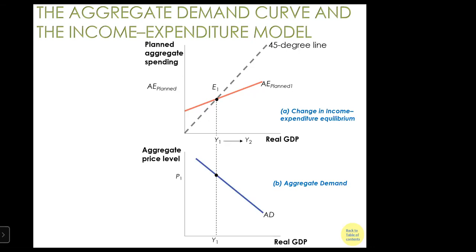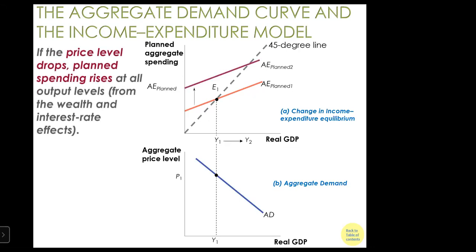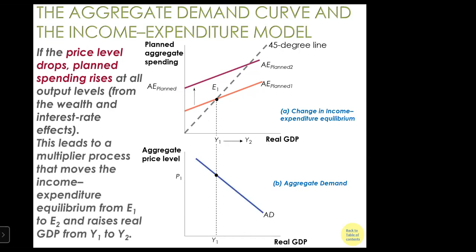Now, if price can change, if price decreases, because of the wealth effect and the interest rate effect we discussed, the aggregate expenditure will shift up. Based on the income expenditure equilibrium model, the shift up of aggregate expenditure leads to a higher real GDP.